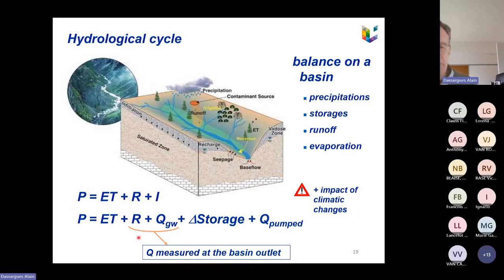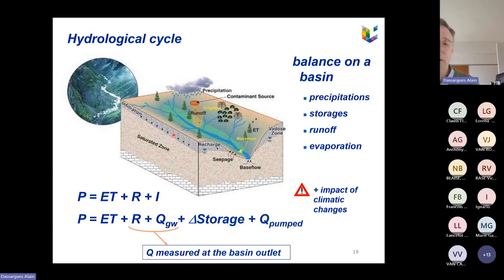So this is the flux or the flow rate, which is measured at the basin outlet, for example, which is in fact adding the runoff component, the air component, and the part which is coming from groundwater. Beside that, you have the change of storage in the underground.